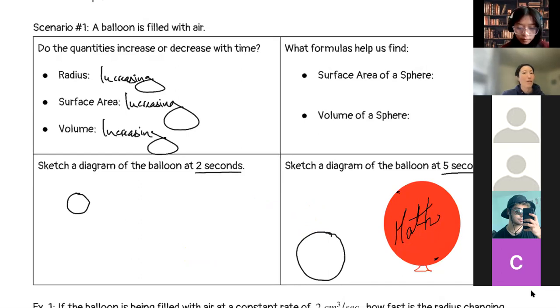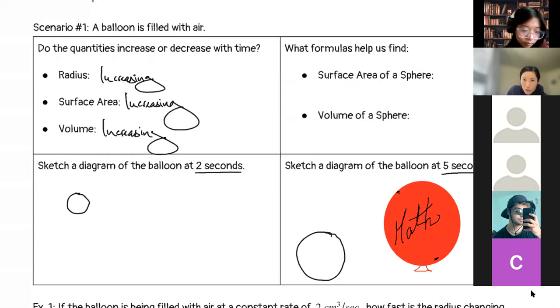Anyone happen to know the formula for the surface area of a sphere or the volume of a sphere? 2 pi r, okay, if you were thinking about just a circle, like a two-dimensional object, maybe.